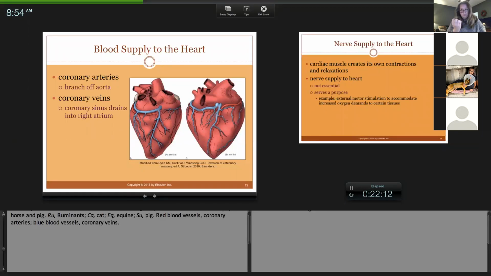When the muscle is squeezing, it's not going to get as much perfusion as when it's in relaxation. So my big take-home message is we need good blood flow. Second of all, the bigger the animal's heart, the slower the heart rate, which gives the heart time to be in diastole and fill, and time to be in diastole to perfuse. That's very, very important.